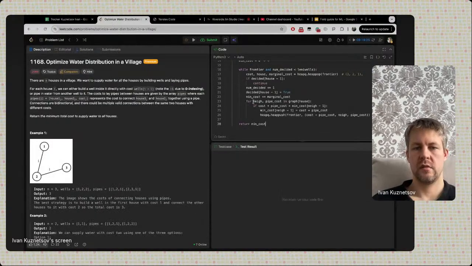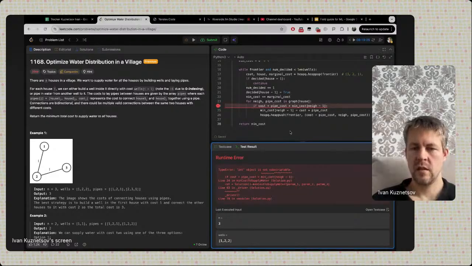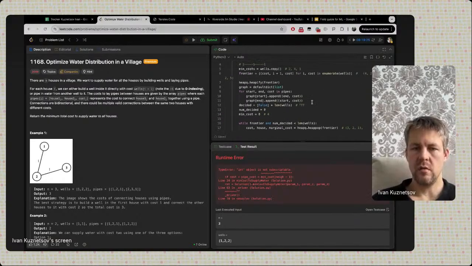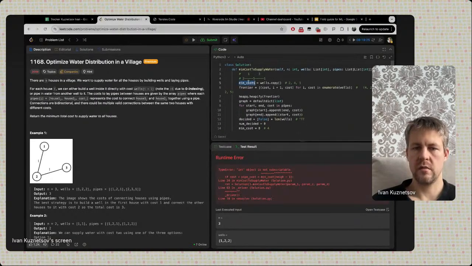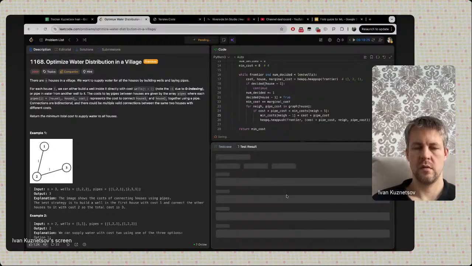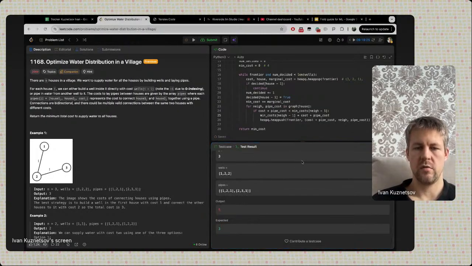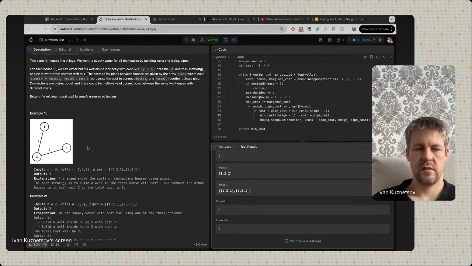This looks reasonable. Oh, in costs. Incorrect. Let's see if that's mistaken logic or mistaken in thinking, in implementation.